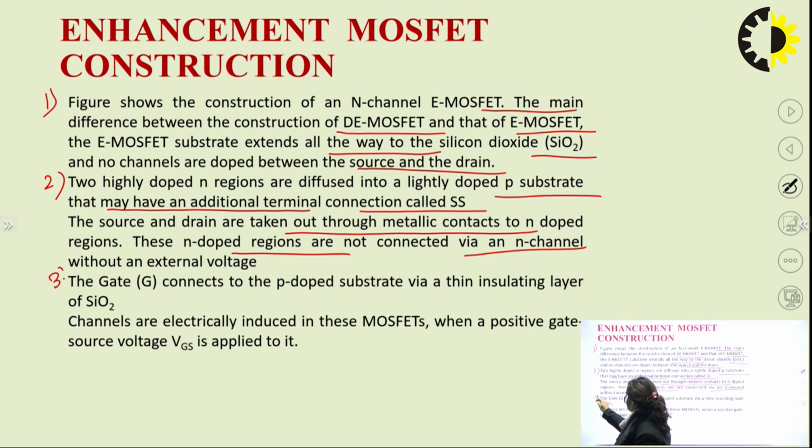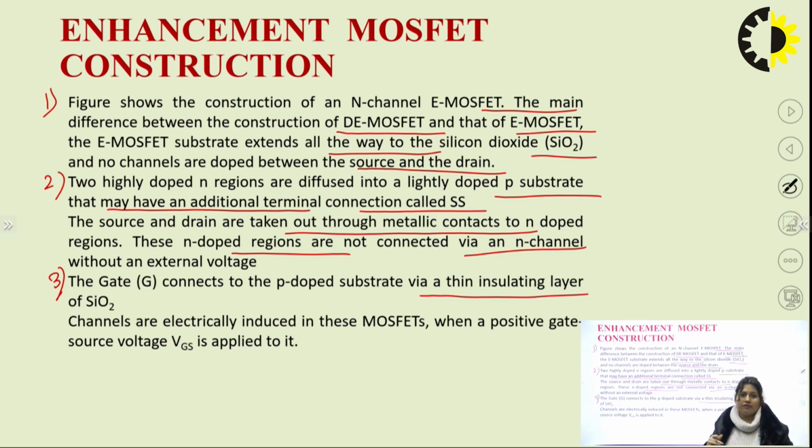Similarly, the third point is that the gate connects to the P type of substrate via a thin insulating layer of SiO2. So below the gate there will be a silicon dioxide layer, and channels are electrically induced in these MOSFETs whenever a positive gate source voltage, VGS, is applied to it.